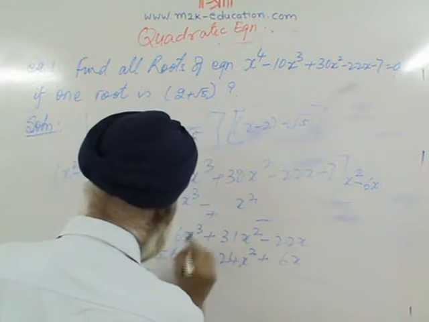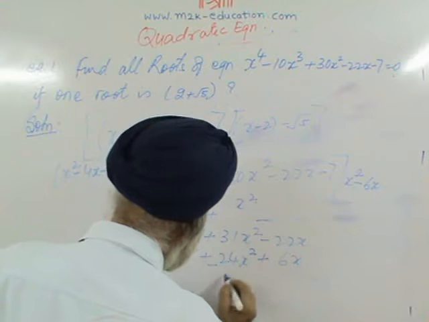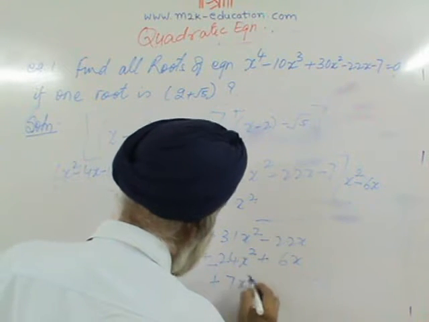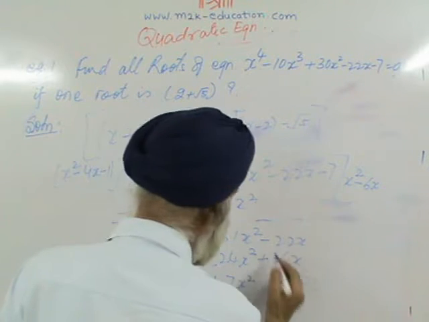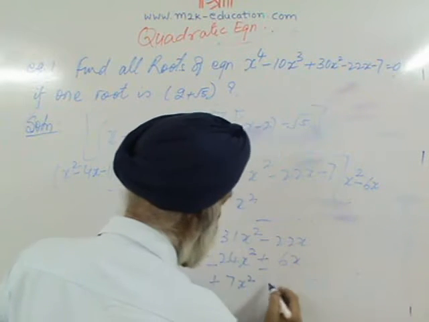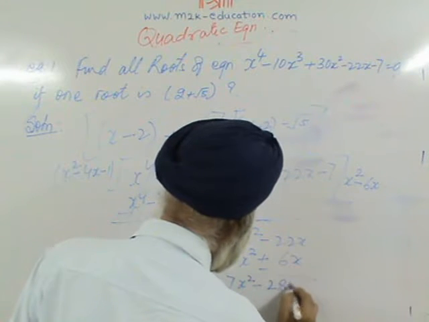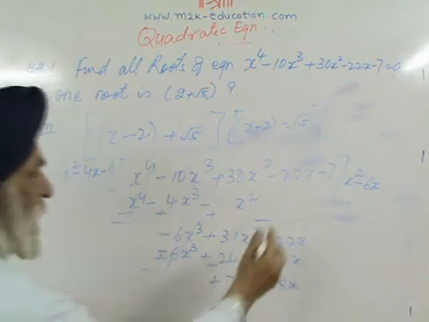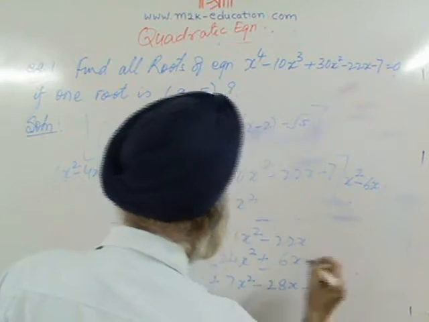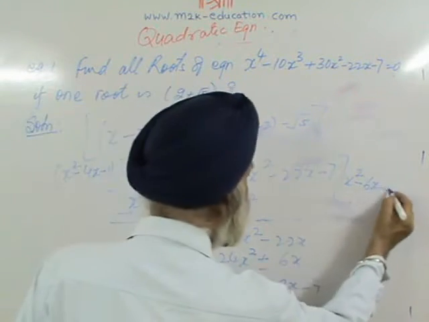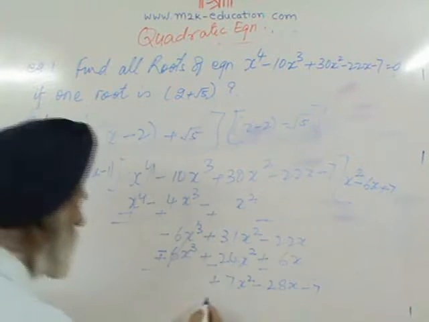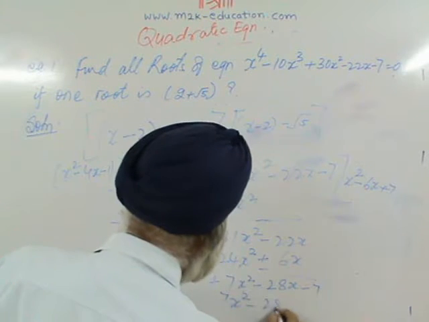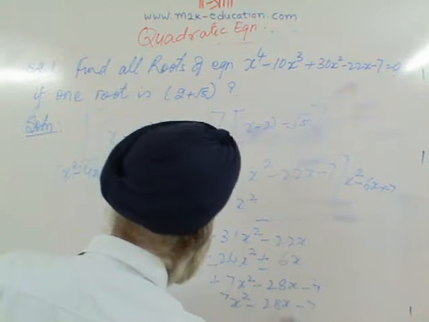Removing by subtraction, we get 7x square minus 28x. Okay? Multiplied with plus 7, and this minus 7 is brought down. The other factor can be achieved like 7x square minus 28x minus 7.